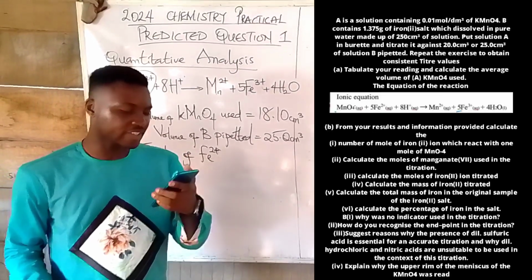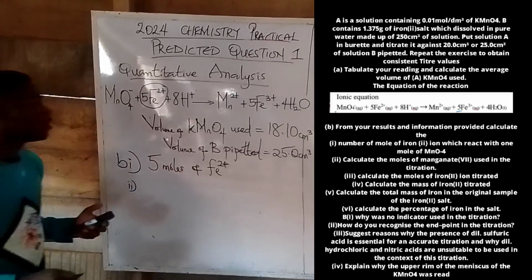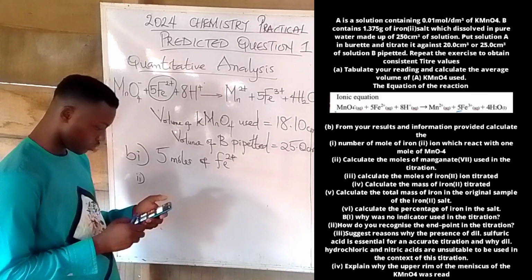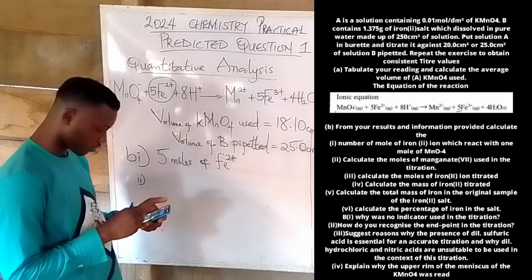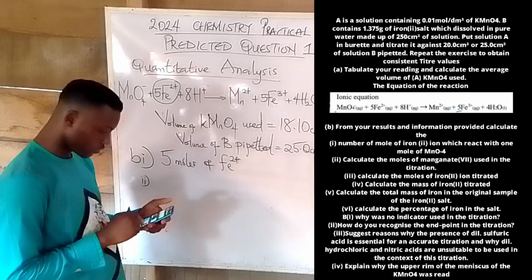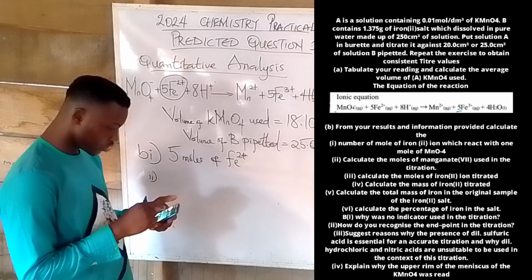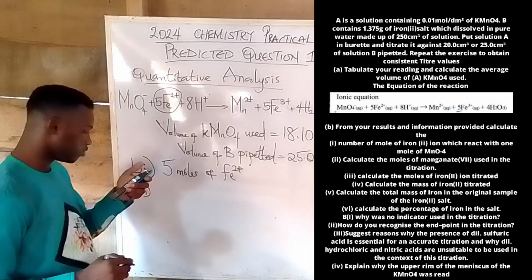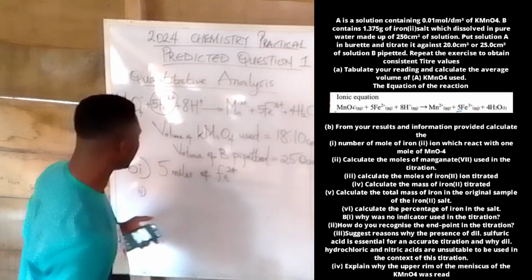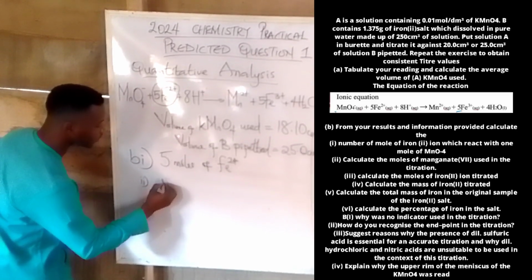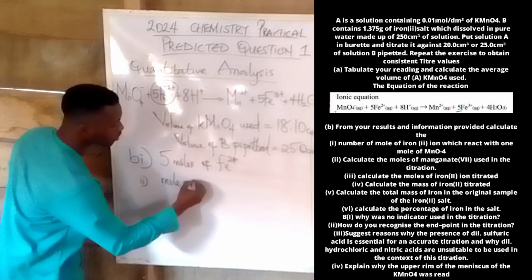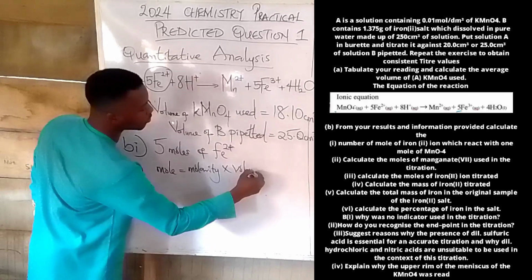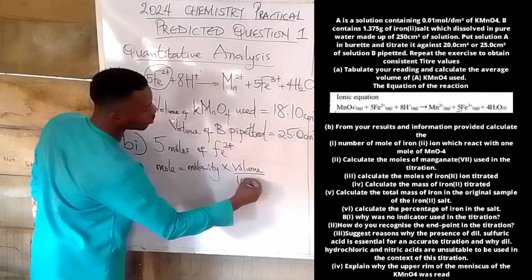Alright, let's quickly move further. The next question says calculate the number of moles of manganese used in titration. The formula to use at this point is mole equals molarity times volume over 1000.